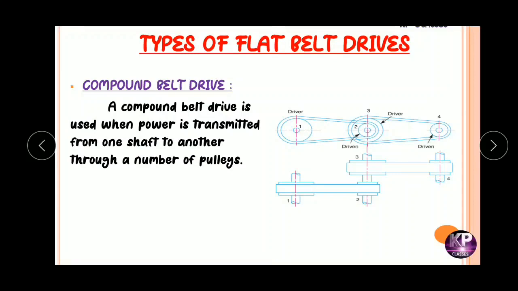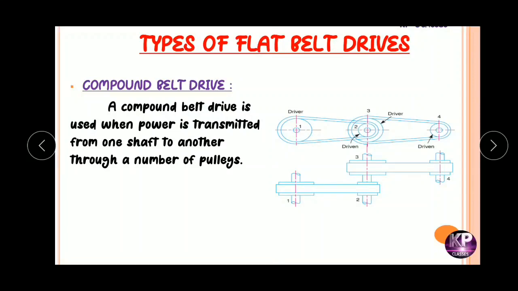Here power is transmitted from first pulley to second pulley, then from third pulley to fourth pulley. This type of arrangement is known as a compound belt drive. Here pulleys 1 and 3 are drivers and pulleys 2 and 4 are driven pulleys or followers.